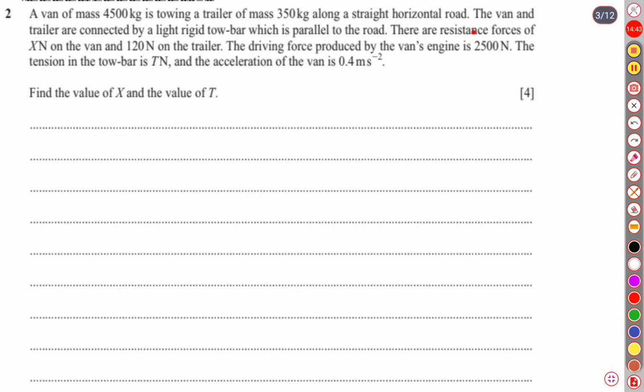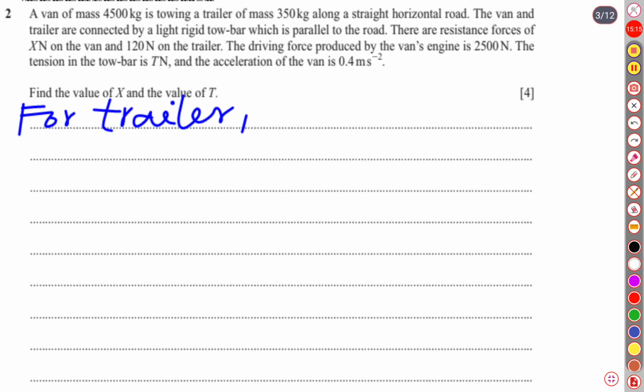Well, as there are two objects connected with each other, we will have to apply Newton's laws of motion. First of all, let us resolve the forces for the trailer.